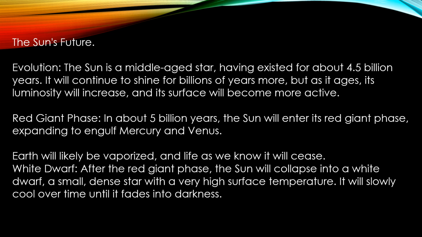In about 5 billion years, the Sun will enter its red giant phase, expanding to engulf Mercury and Venus. Earth will likely be vaporized, and life as we know it will cease. White dwarf. After the red giant phase, the Sun will collapse into a white dwarf, a small dense star with very high surface temperature. It will slowly cool over time until it fades into darkness.